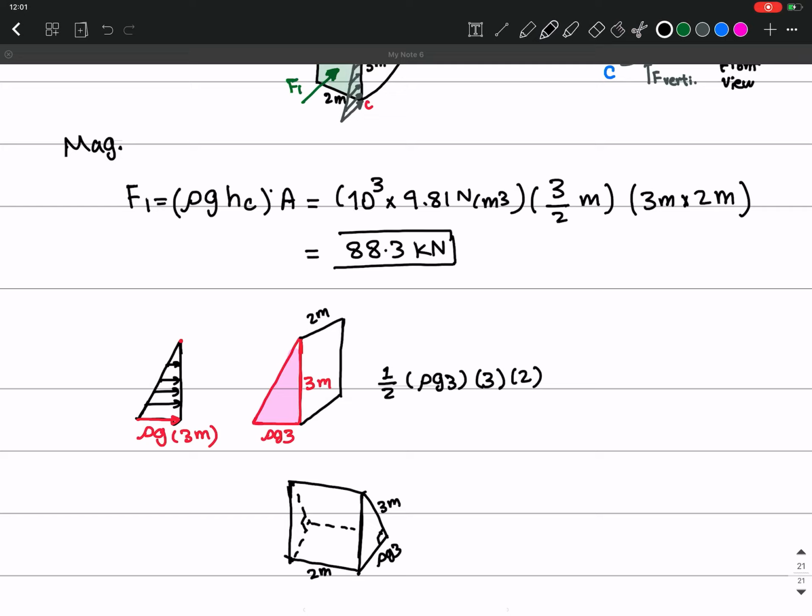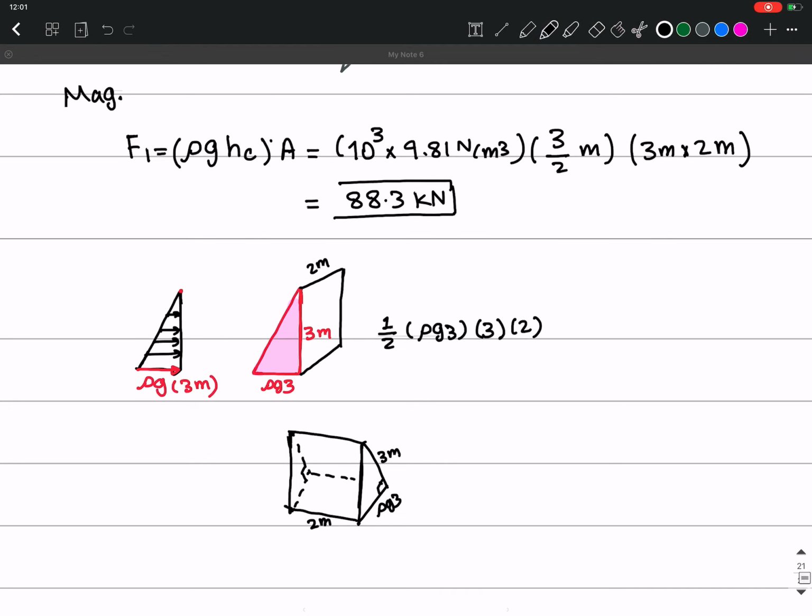The first thing is to calculate the area of this red area that I have shown, and then multiply it by this length to get the total of the forces.